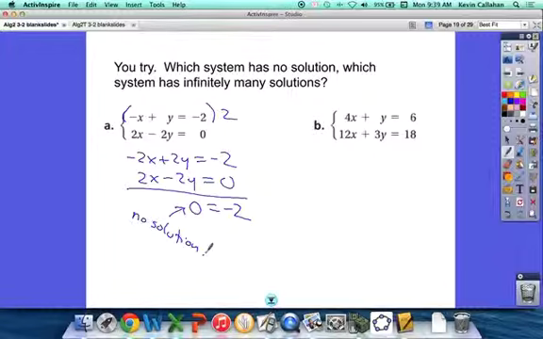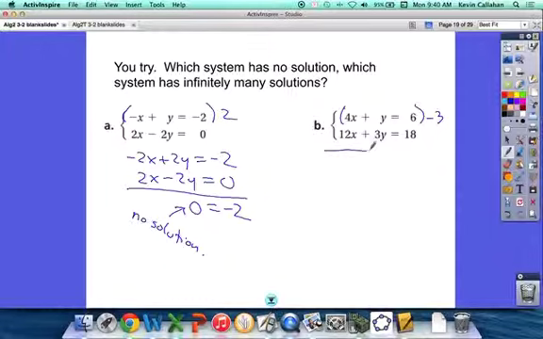What about this one? What would you multiply so that you can eliminate a variable? What am I going to multiply this line by? How about negative 3? And when I do that, that's going to give me negative 18 plus 18, which is 0.